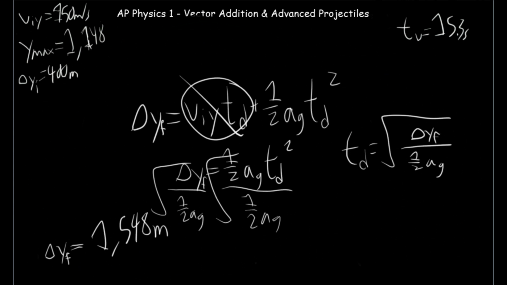So 1,548 divided by 1/2 of negative 9.8. Oh, maybe don't put the negative in, since we're talking about time, so it wouldn't matter too much. I gotta retype this now.